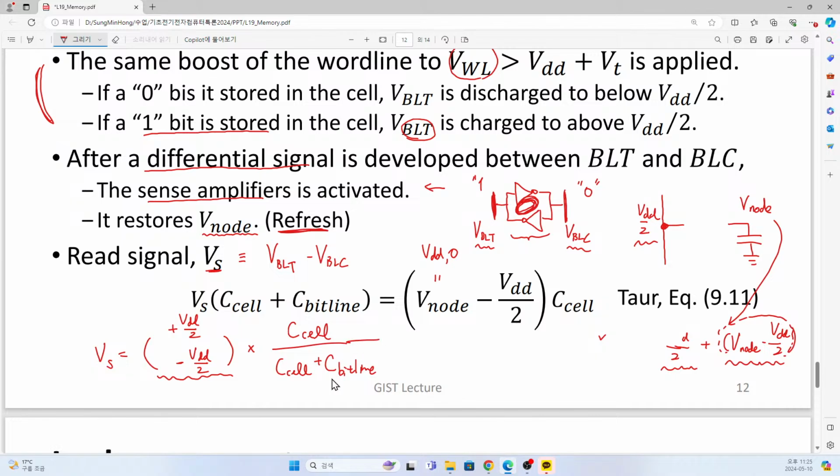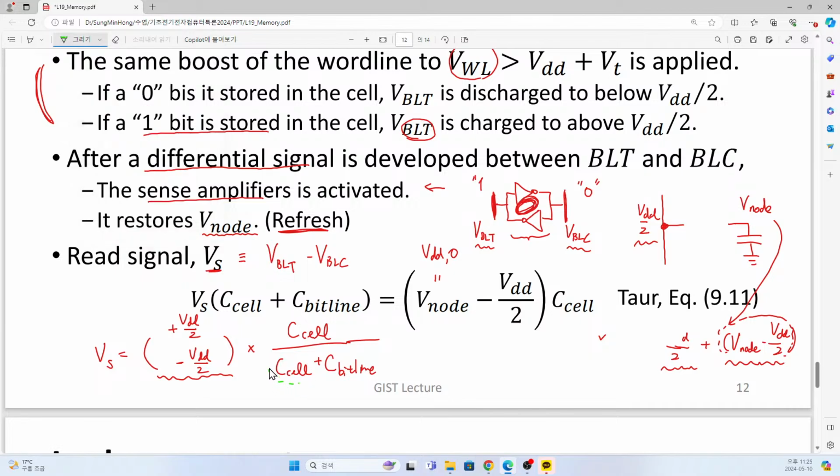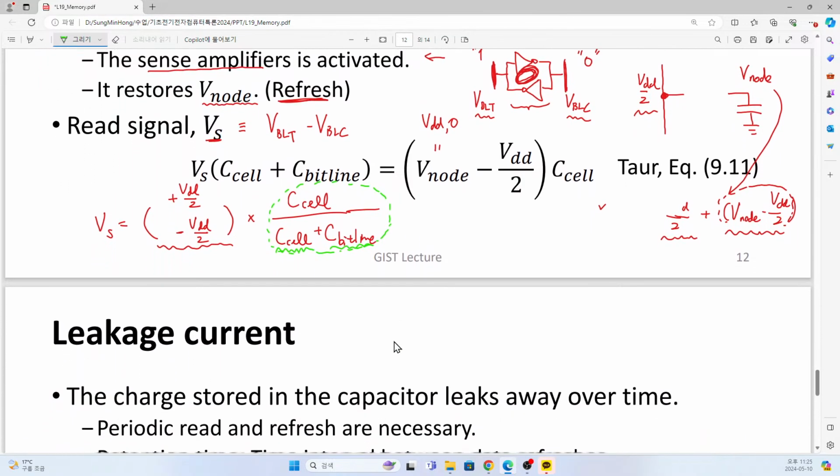If we have too small a number for this ratio, then our lead signal will be quite small. In order to keep our lead signal in a reasonable range, we have to have more or less comparable values for C cell and C bit line. So that is also a design consideration.